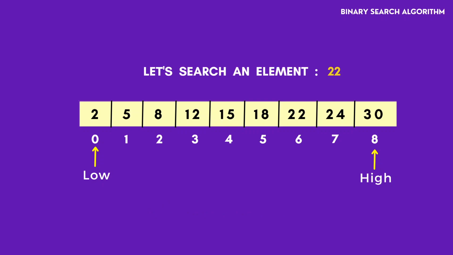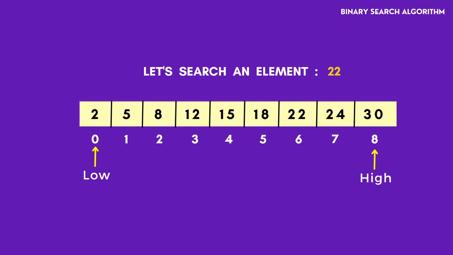Whenever you want to apply a binary search algorithm, obviously there has to be one element to be searched in that sorted array list. Let's consider an example where we need to search for an element called 22 in this array list. Here we have only 9 elements, but when you apply this algorithm in real time, there would be thousands, millions, even trillions of elements.